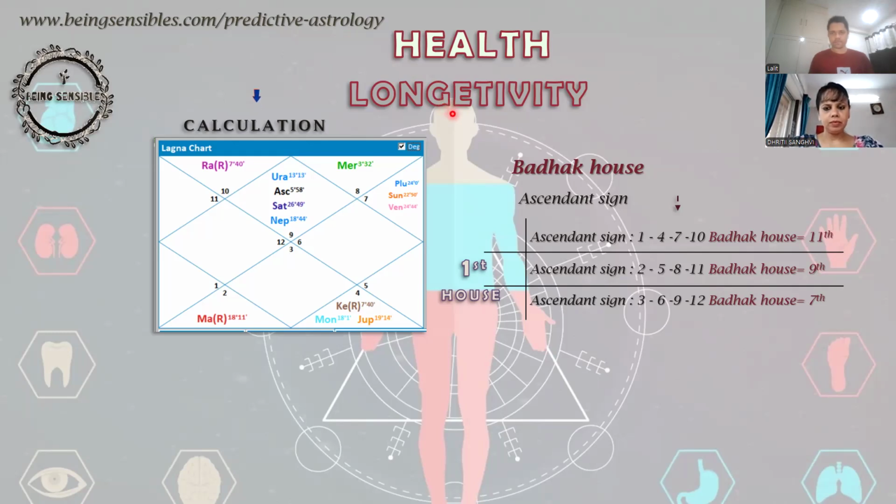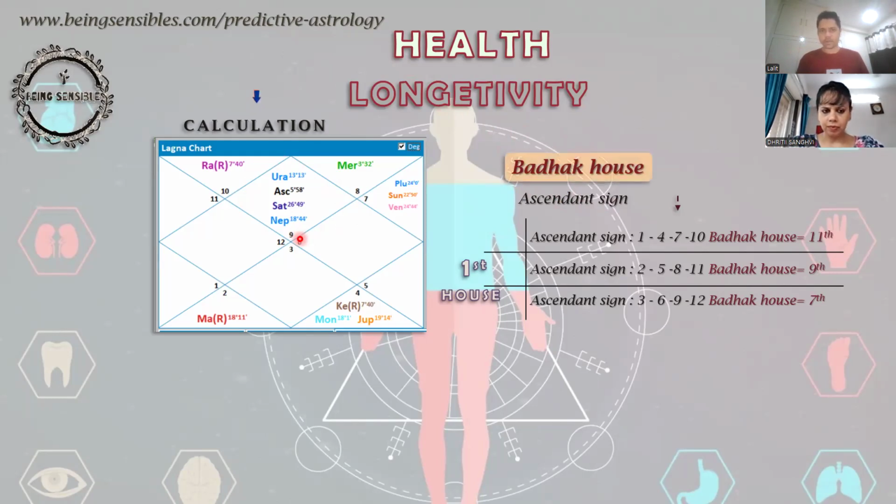Before you get an idea of longevity, the majority of astrologers would talk about the Badhak and Marak. Let's put that thought process aside. You just start with the ascendant, the lagna, whatever chart you are dealing with.